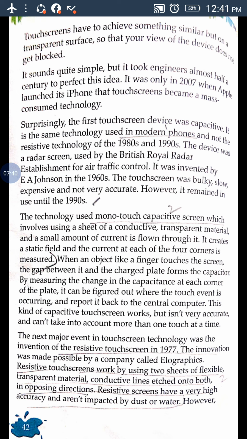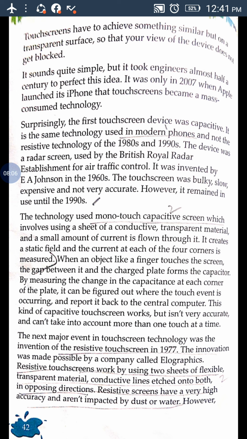At first, as we read, in the 1960s there was only one sheet. Now in 1977 there came two sheets, with conductive lines etched onto both in opposing directions.